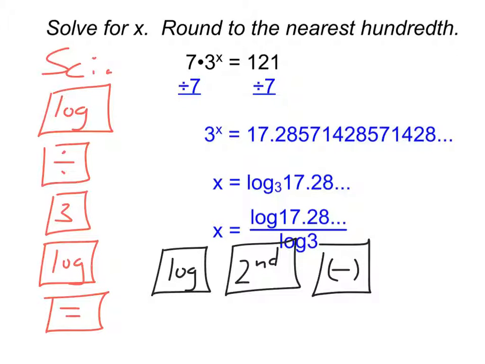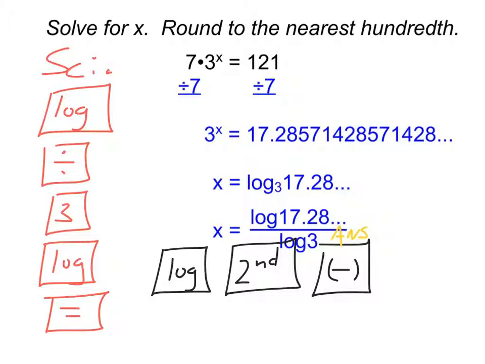That has the yellow ANS written above it. And so as soon as you press it, what you're going to see on your screen is log ANS. That ANS actually represents the entire last decimal that it calculated. So it's plugging in that whole decimal for you. You don't have to retype it in. This is a win-win for us though, because it's fewer keystrokes and it's more accurate. It's a win-win. So use that.